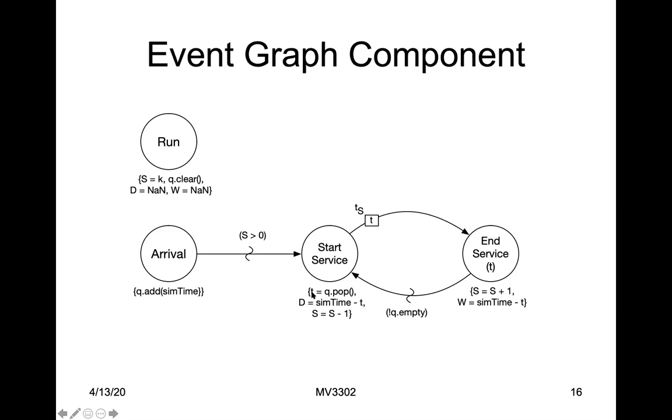This T at the start service is a local variable, and again, it's just a convenience for doing the computation. It's like a local variable for a method in Java. This T is a parameter on a scheduling edge that we're passing. So the local variable now becomes the expression that we're passing. And finally, this T is an argument of the event. So local variable, parameter, argument. Again, same letter, 3 different meanings.